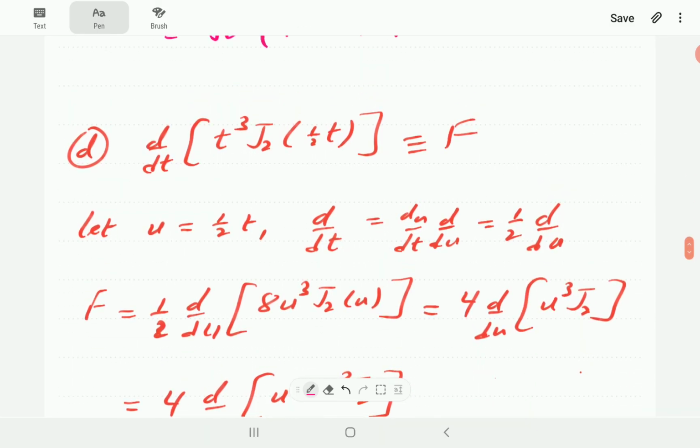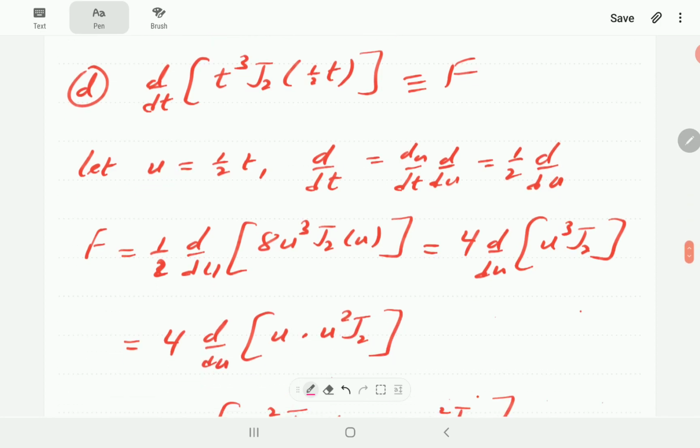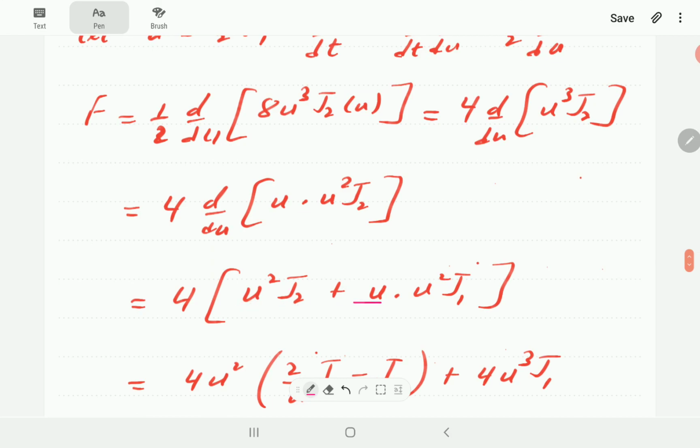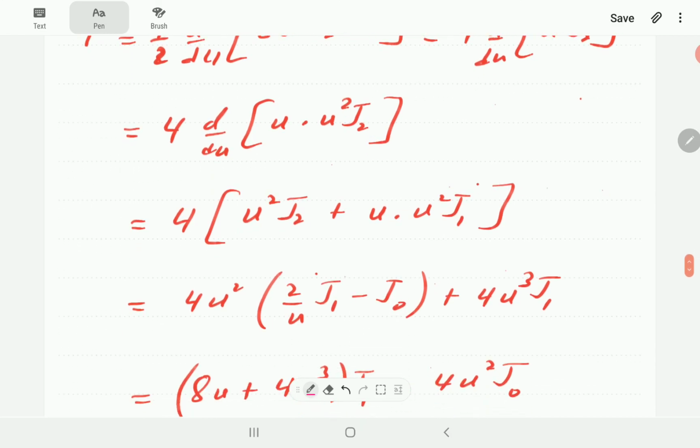Okay, so for D, we notice that the argument of the Bessel function is not t, so that means we employ the chain rule to rewrite this in terms of a new variable u, and so our derivative is going to look like this. And so if we write this as u squared J2 times u, then we can use the product rule, which gives us that.